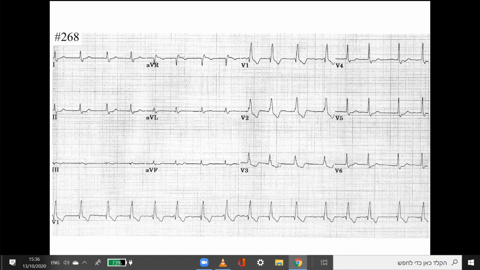Maybe there is a pathological Q wave on V1. ST segment in V1, no, we don't have. We have an RSR pattern in V1. So there is no pathological Q wave. However, we do see secondary ST-T changes that are due to the right bundle branch block.